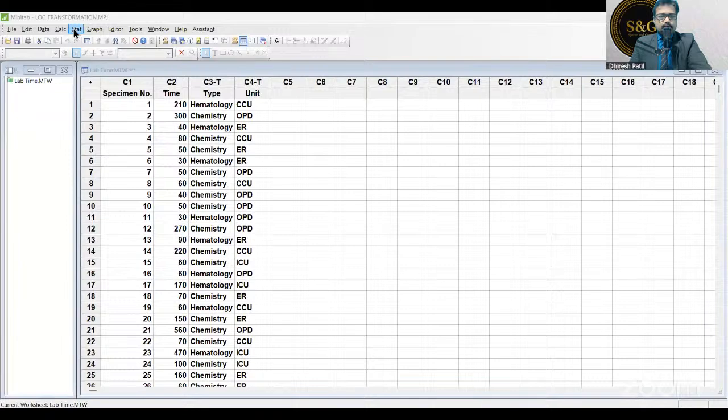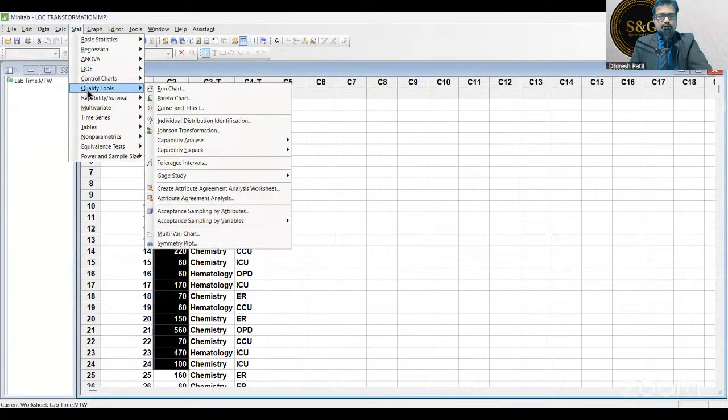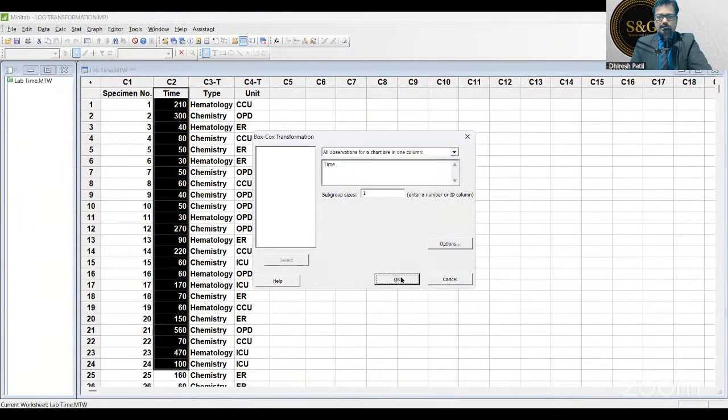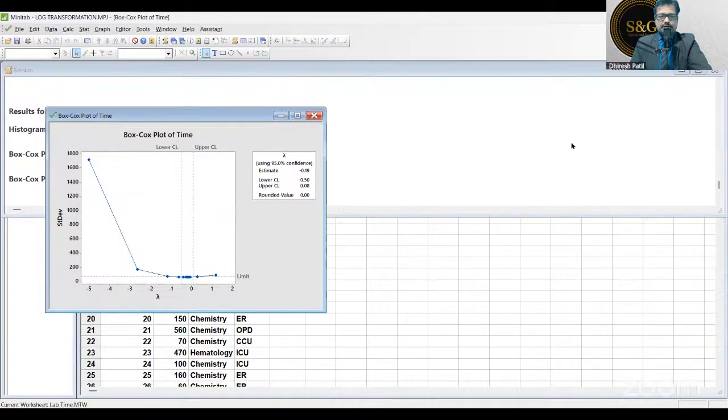Okay, so coming back to lambda. You guys have done Stat, Control Chart, Box-Cox Transformation, and you selected time, clicked on OK, and you got this. Yes?